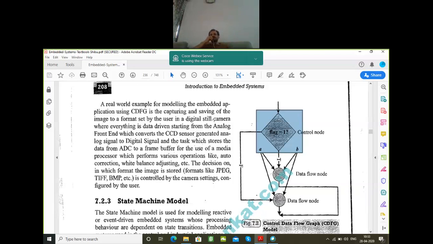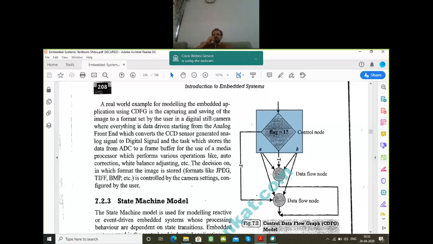Suppose you are using a camera: you capture the image and the image will be saved in the memory of the camera, in a particular format like BMP, JPEG, PNG.